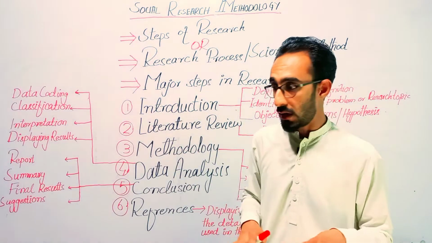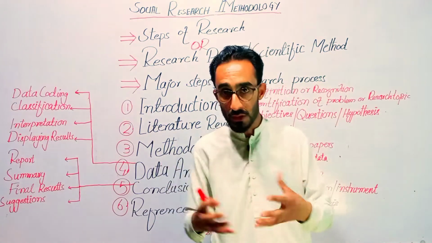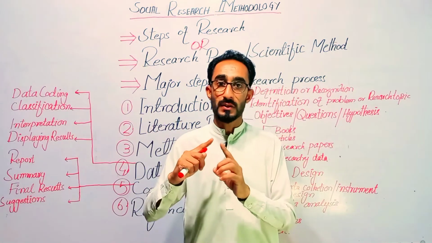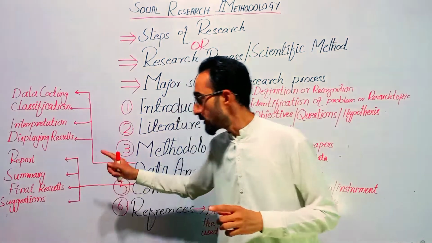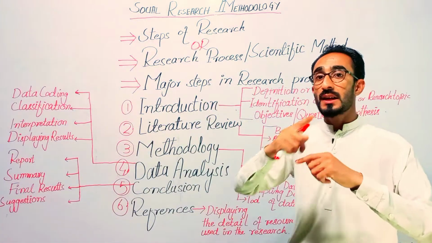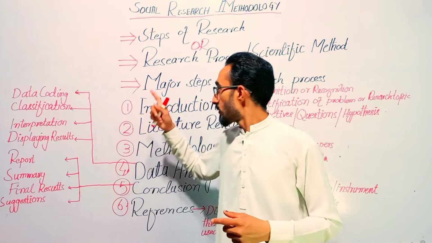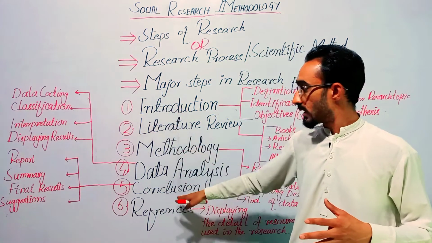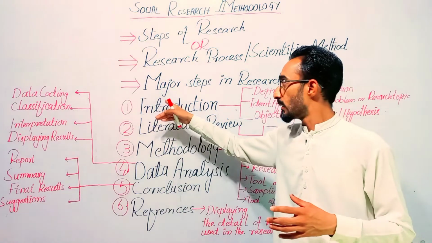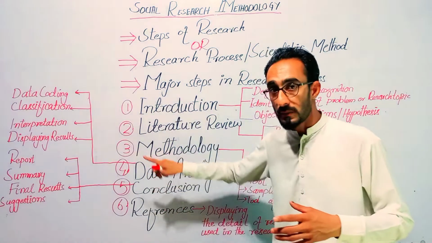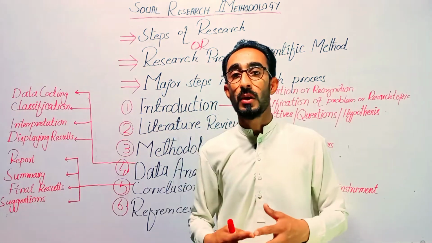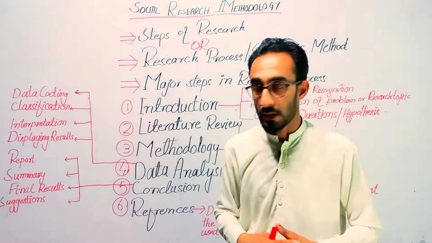We also give our own suggestions, which will lead to another research question, and this cyclical process continues from introduction to the final conclusion, and from that conclusion it gives rise to the introduction of a new problem with a new perspective.